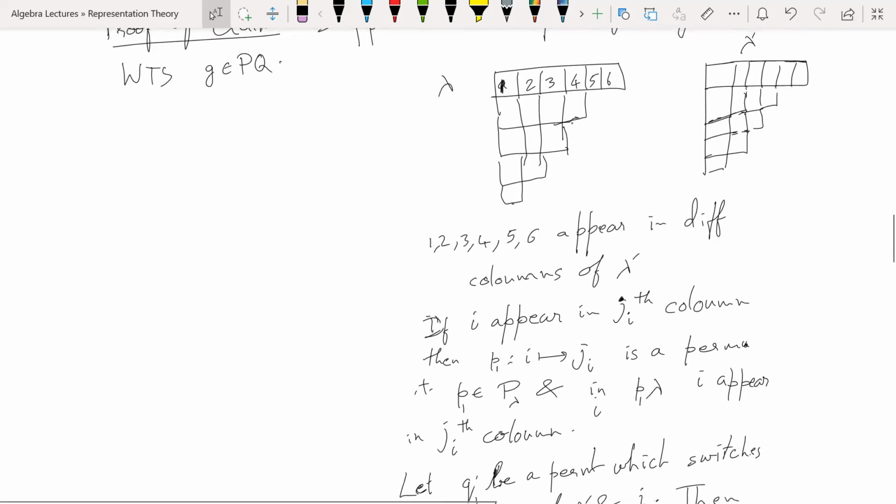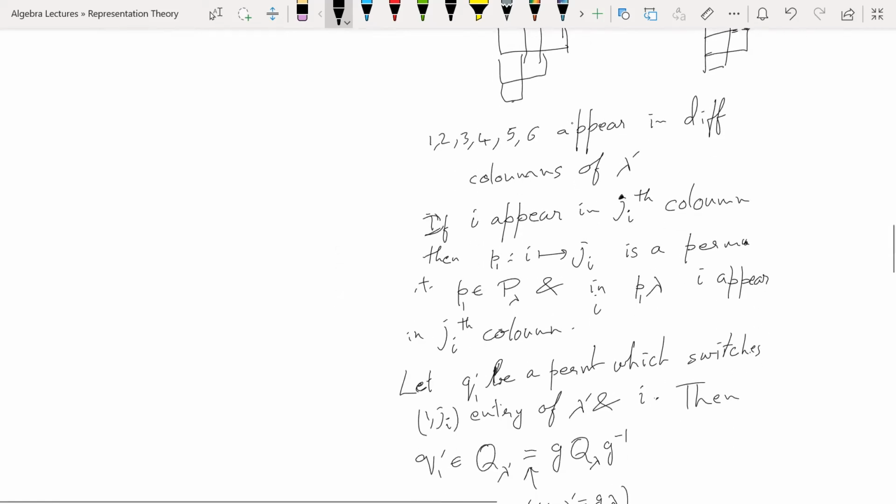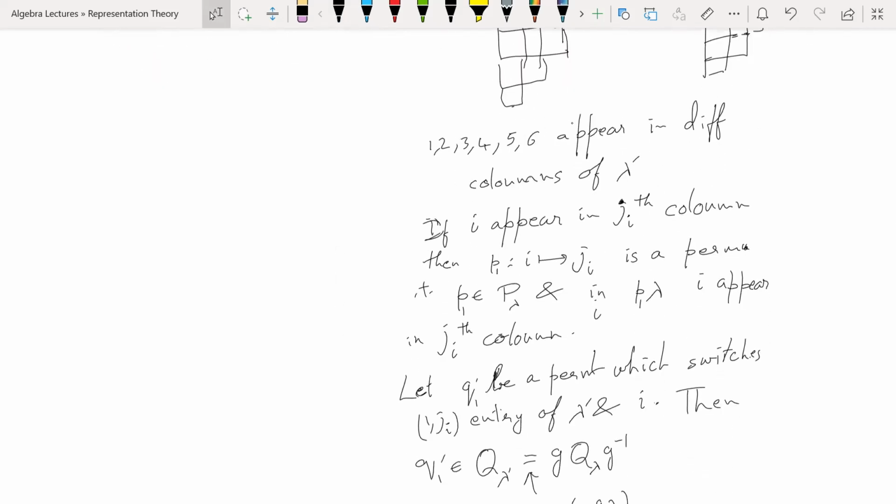Okay. So if I interchange the first entry in the first row of lambda prime with i, where i appears in the j_i-th column, and something appears in the first row of the j_i-th column, then if I switch them, the first row will become the same.